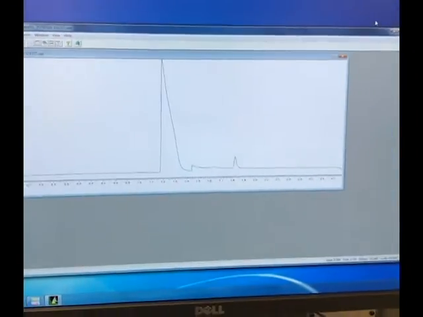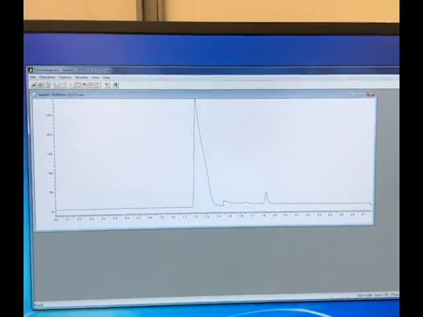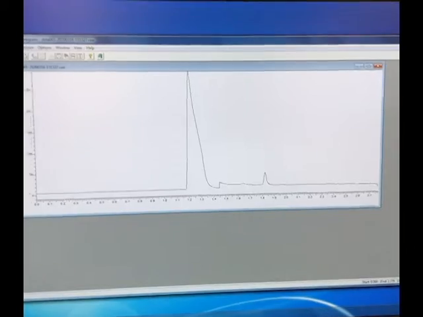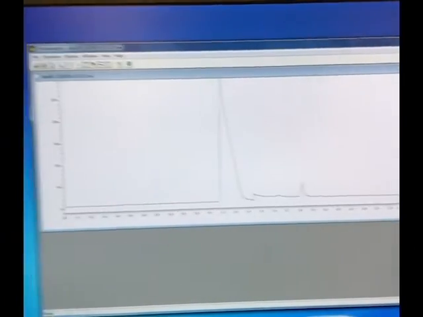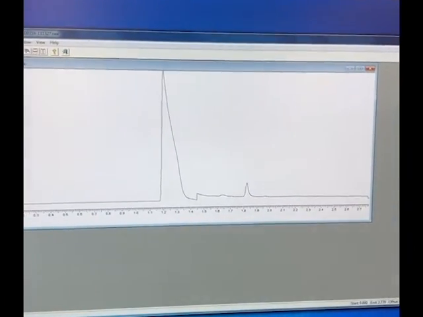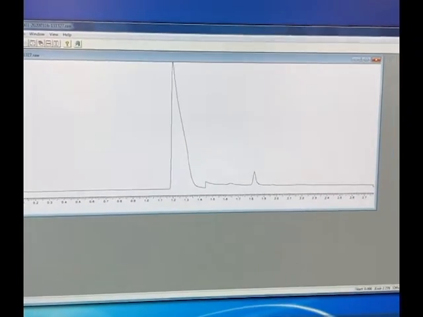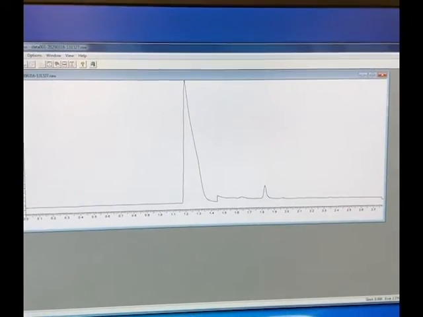And as you can see here, we have our first gas chromatograph. This is what they look like. But don't worry, we will be uploading these documents to Blackboard so that you can use the data in your experiment.